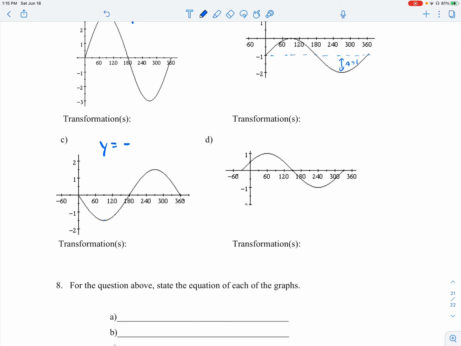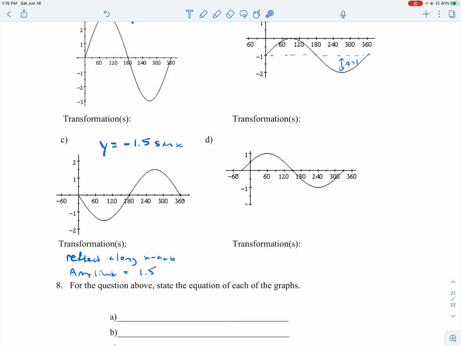So this one I would write minus 1.5 sine x. This is my amplitude, and then this shows the reflection along the x-axis. So we'll write that here: reflect along x-axis, and the amplitude is equal to 1.5.